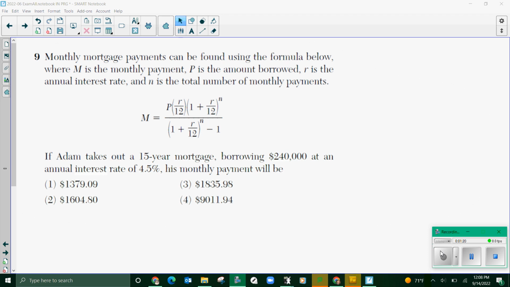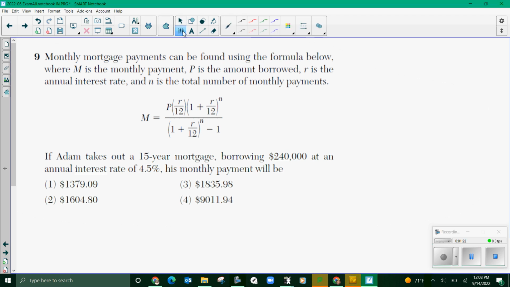Okay, so if Adam takes out a 15-year mortgage, borrowing $240,000 at an annual interest rate of 4.5%, his monthly payment will be. So first of all, let's establish what we're trying to solve for. Monthly payment. That's M. Okay, we're trying to solve for M here.